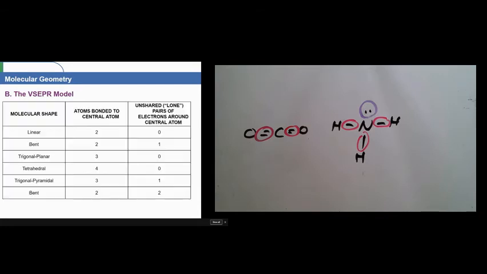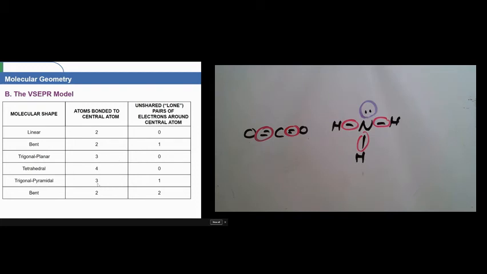Then you refer to the following table. The first column says the atoms bonded to the central atom, so 2, 3, or 4 are the possibilities. Here, we have unshared or lone pairs of electrons around the central atom. So in our instance here, we have 3 shared and 1 unshared.